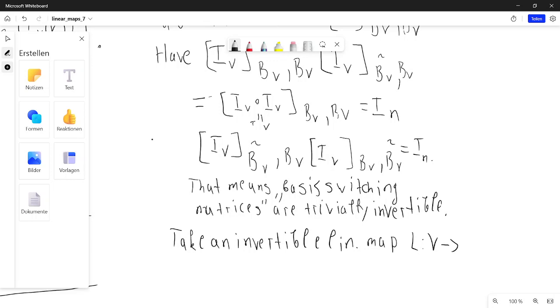So we could take V and W with the same dimension, and I'm just giving the number a name. The dimensions are equal, but I call them N, not M or something, right?